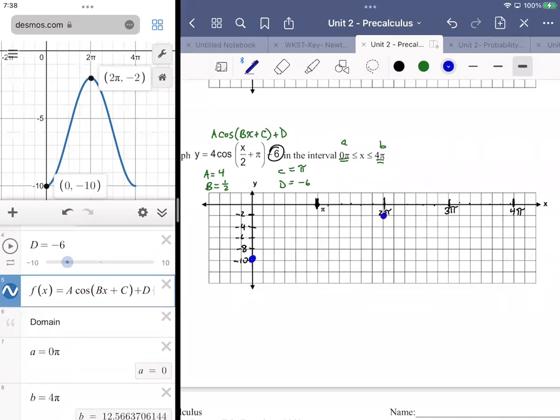And at the end point here, if it'll let me, at that end point, which is at 4 pi, for whatever reason I can't get it to lock on, it's still at -10. You can tell that visually. All right. But at -6, I have another point here, and that other point looks to be at pi. All right.